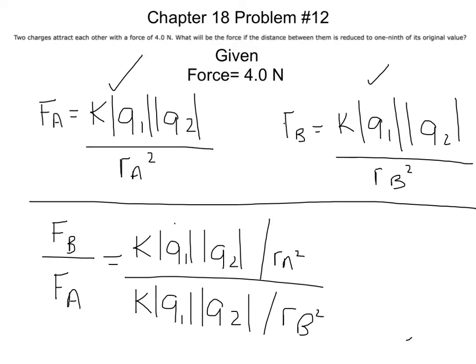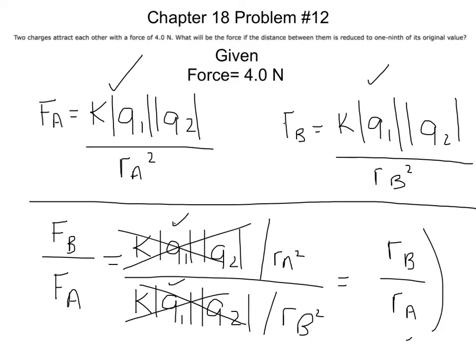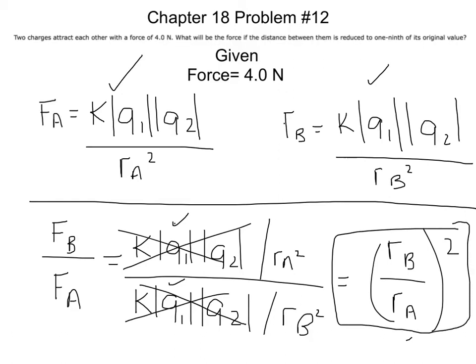So since this and this are the same, they will divide out, and you're left with RB over RA all squared. So this is what FB over FA is equal to.